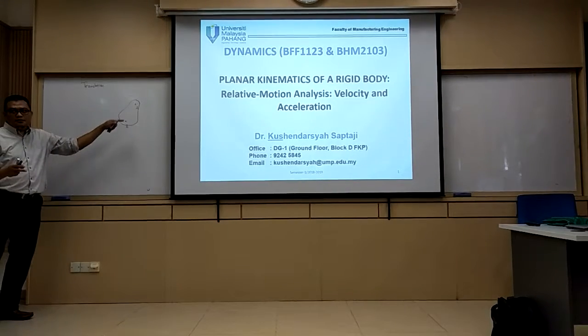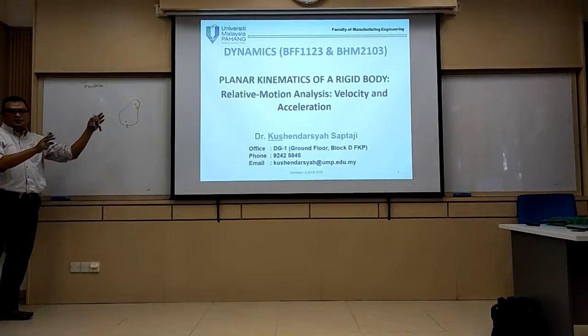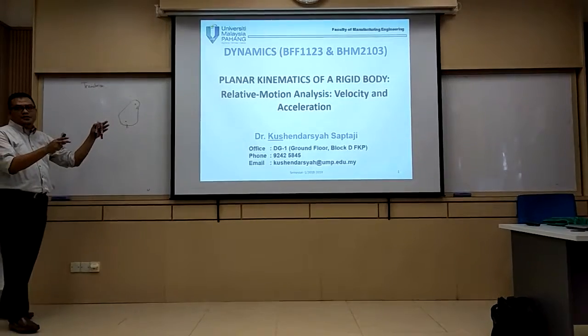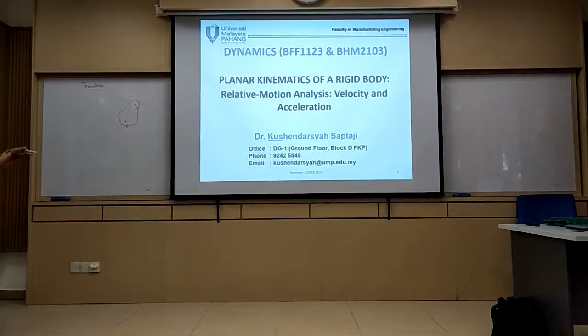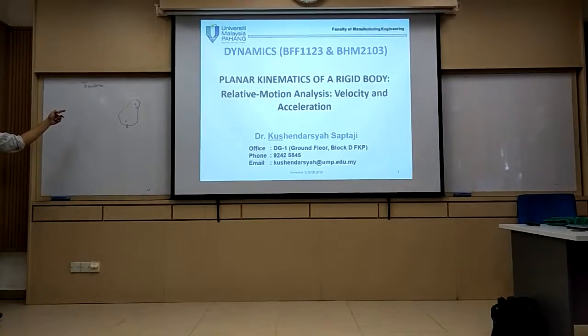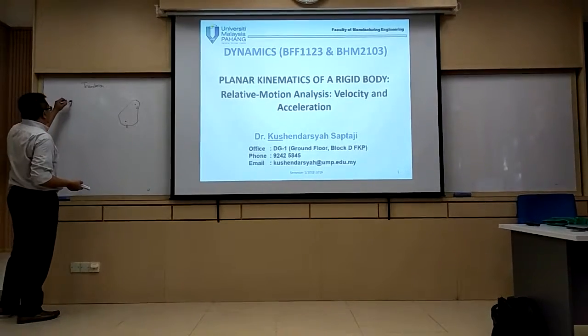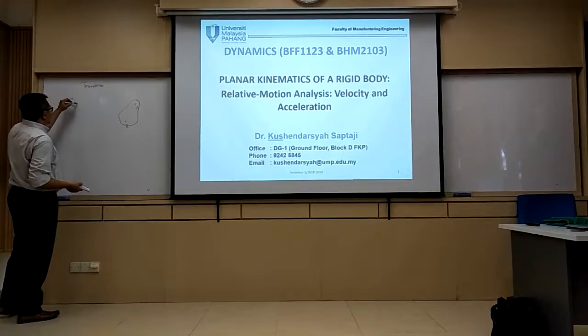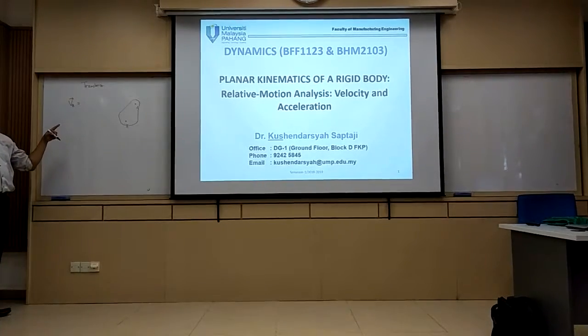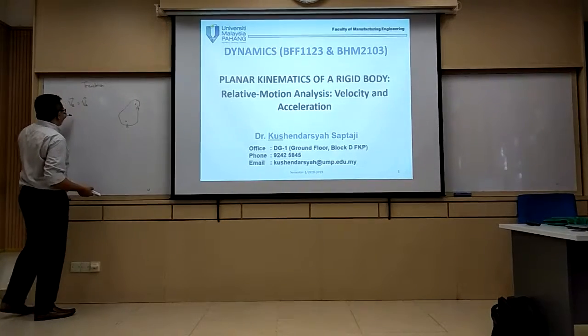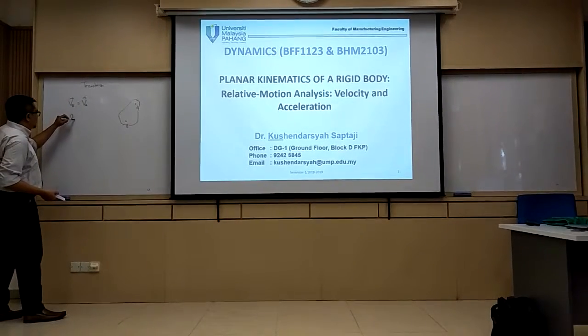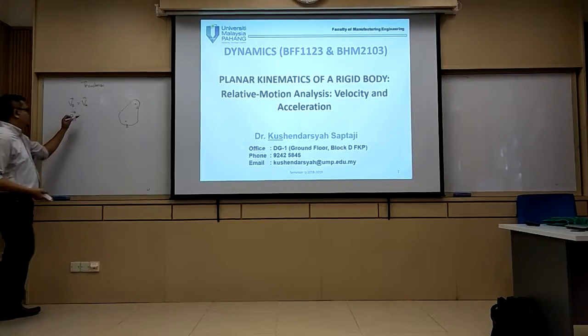All the particles move in the same direction, with the same velocity and the same acceleration. So that's why we can get the equation for the velocity: the velocity of B will be the same as A, right? And the acceleration of B will be the same as A, right?